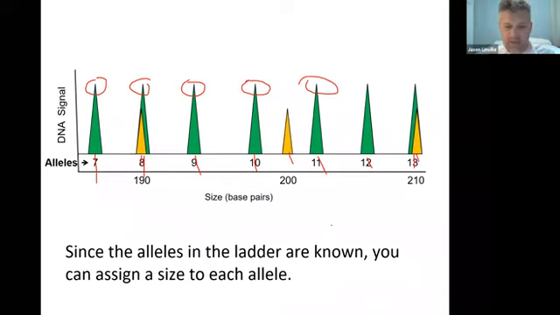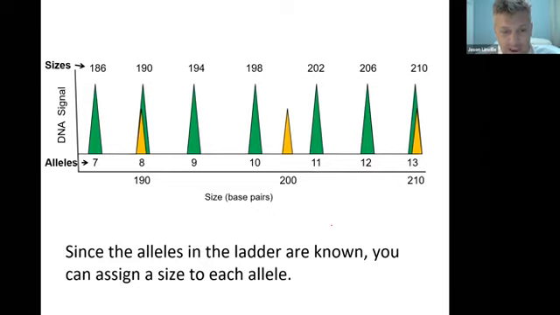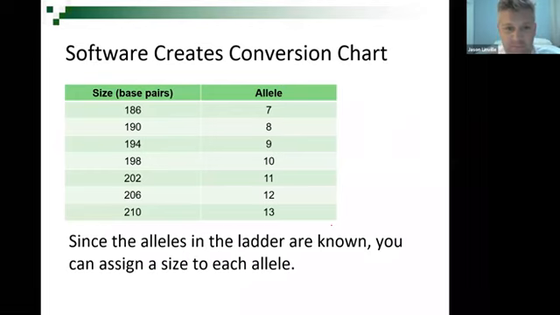So does everybody see how the software can use this allelic ladder to set up a conversion table? Can everybody see? And this is what I want you to be able to do. If I show you a picture like this, I want you to be able to write down, estimate the size for all of these, and then make that a table like this.